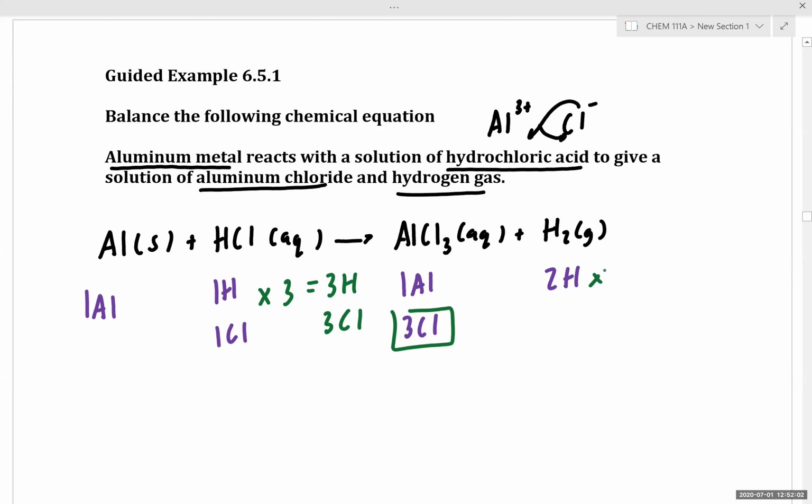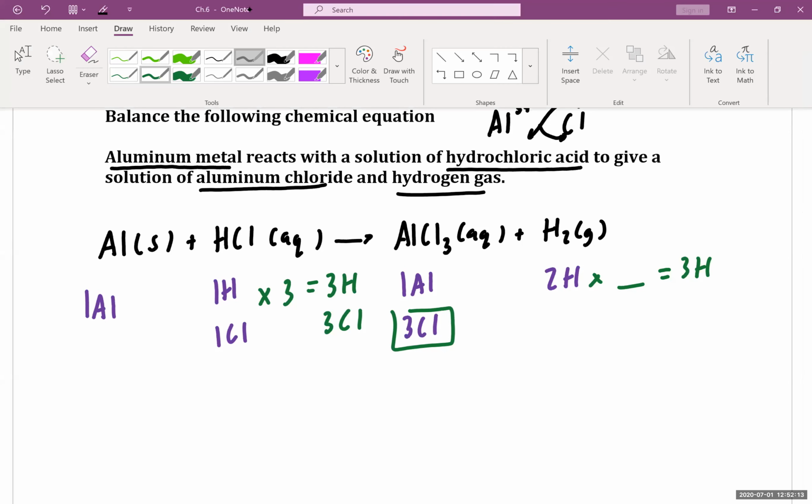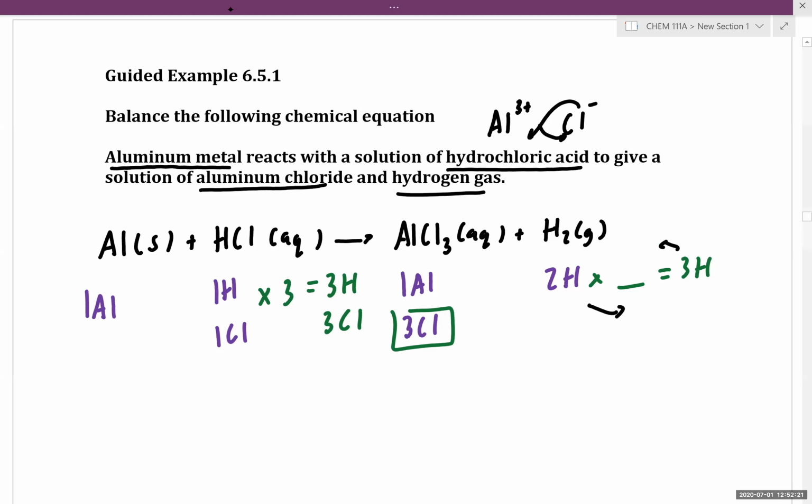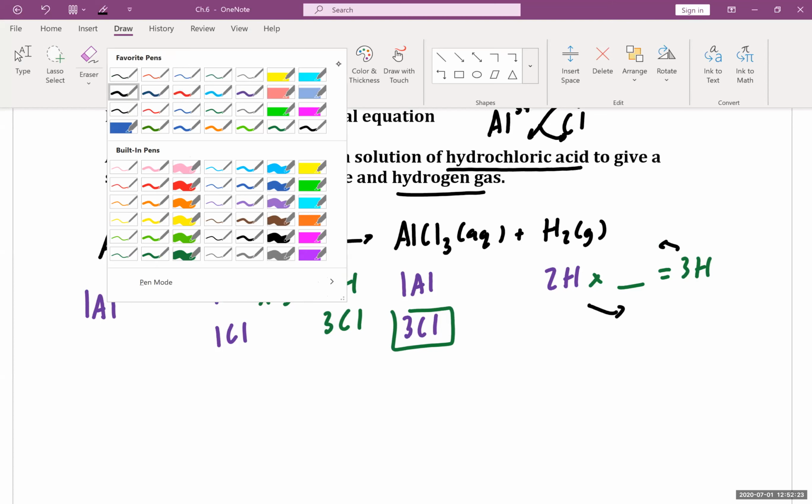I'm going to guess 2 times what would give us 3 hydrogens? 2 times what fraction would give us 3 hydrogens? So we put what we want on top, what we have on the bottom, and that in turn gives us a fraction of 3/2.